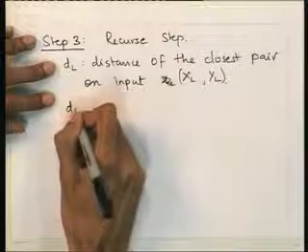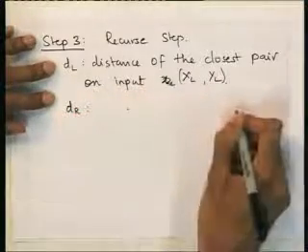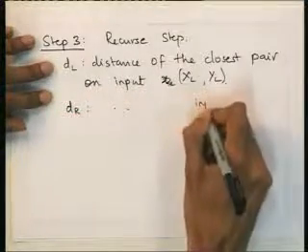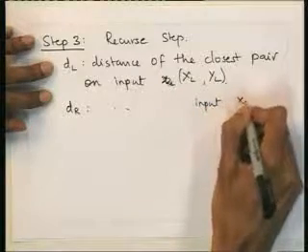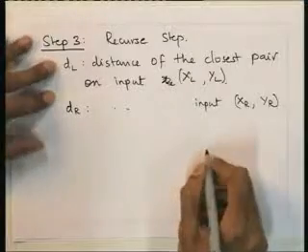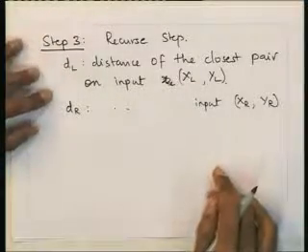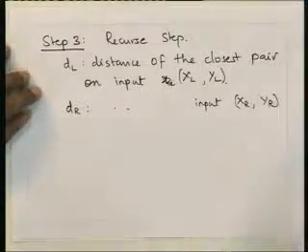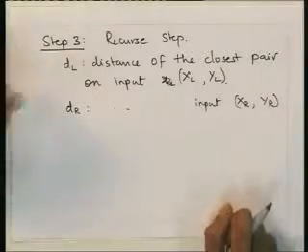Similarly, dr is the distance of the closest pair on input XR, YR. On input XR, YR, the distance of the closest pair on the right hand side is dr, and the one on the left hand side is dl.